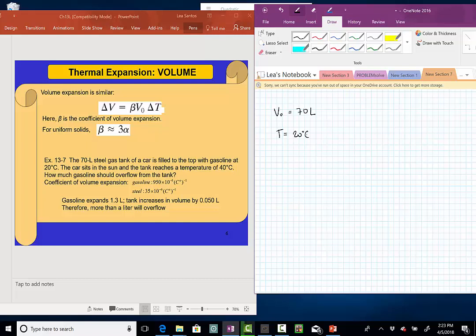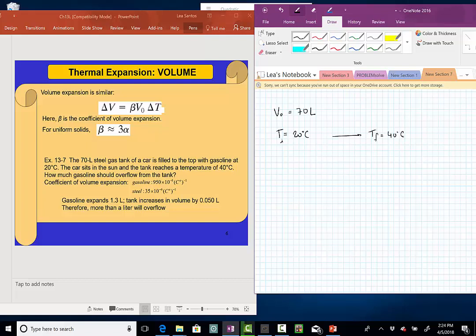So someone filled his tank all the way to the top with gasoline, and the car is initially at 20 Celsius, and let's see what is going to happen. So this is a very dangerous scenario. Look at what the problem says: the car sits in the sun, and the tank there in the sun, so this was the initial temperature 20, but then the tank now reaches 40 Celsius.